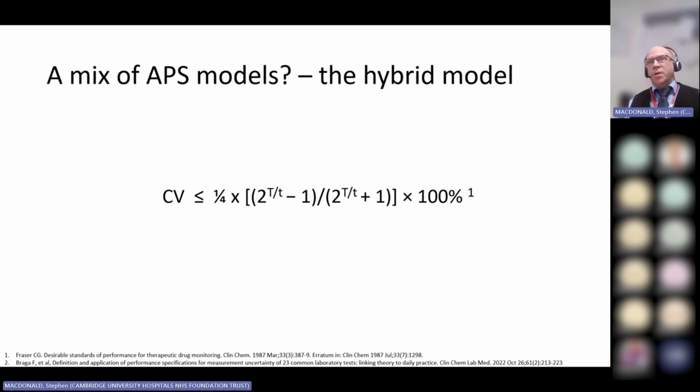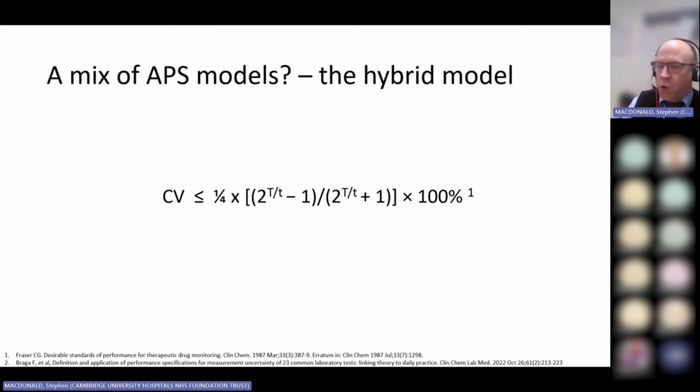Because ultimately, if you're thinking about treating a patient with an exogenous pharmacological treatment, biological variation isn't actually what you're measuring. What you're measuring is actually how the biology or the physiology of the patient is causing that level to reduce over time pharmacologically.